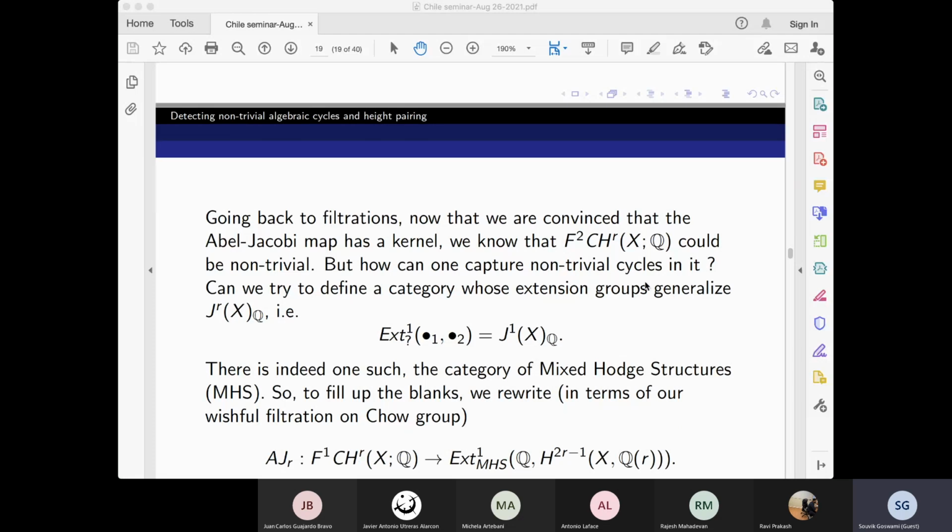The question is, is there a category whose extension groups generalize the Jacobian?